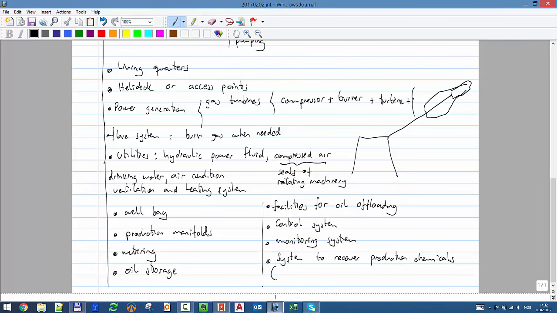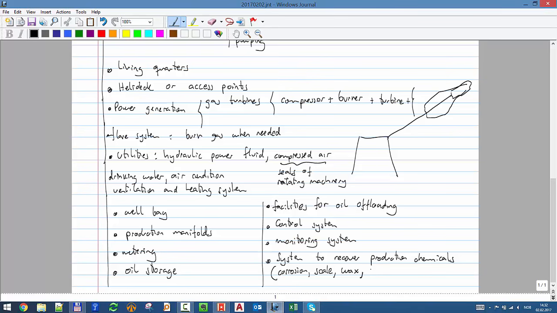Here, for example, we inject corrosion inhibitors, wax inhibitors, we might inject hydrate inhibitors, scale inhibitors, all kinds of inhibitors. So corrosion, scale, wax, and we are going to talk about that a bit when we talk about flow assurance.